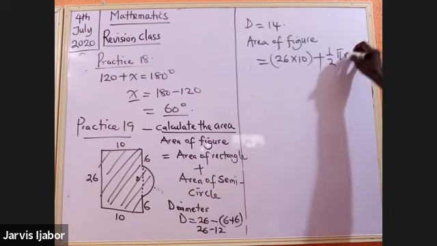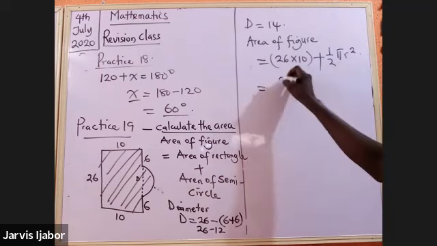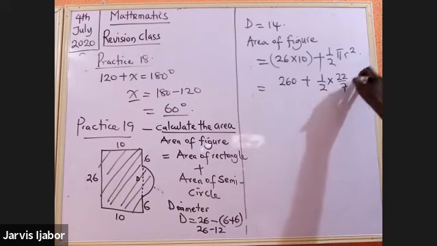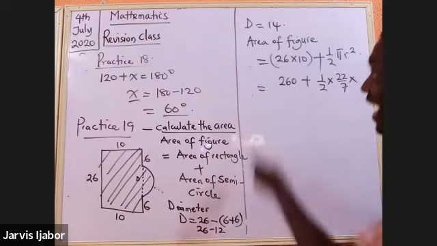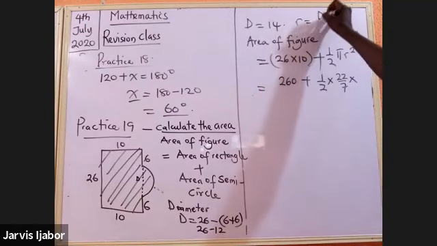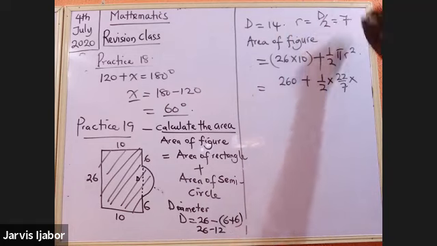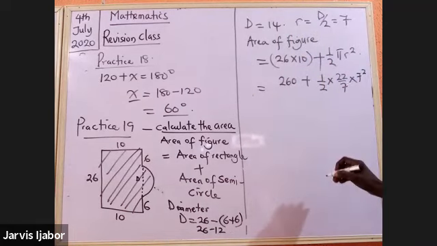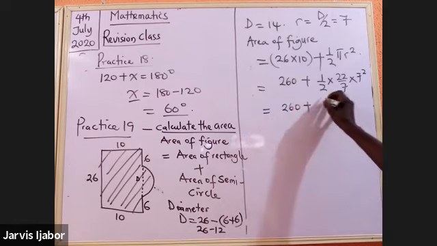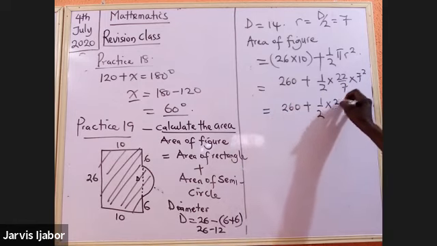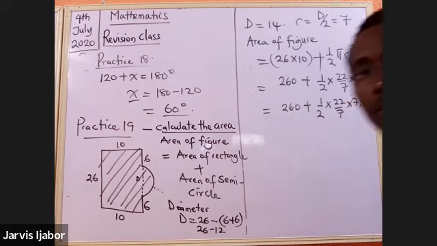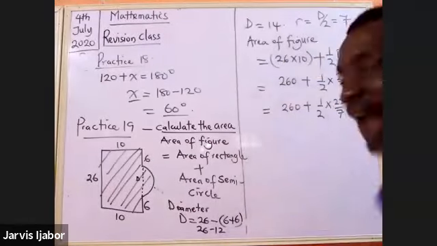So that will be 260 plus half times 22 over 7 times, if the diameter is 14, the radius should be D over 2, and that will be 7. So this will be 7 squared. So that will be 260 plus 1 over 2 times 22 over 7 times 7 times 7, because 7 squared means 7 multiplied twice.